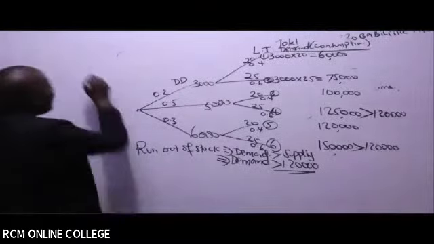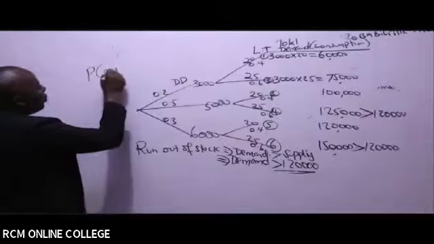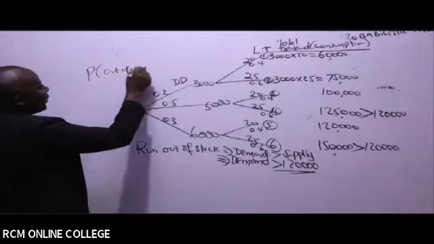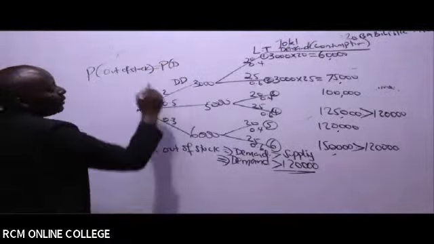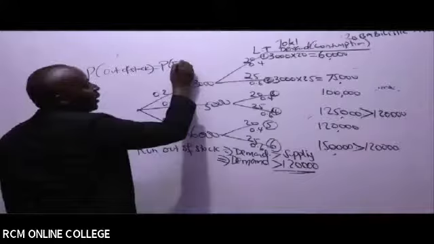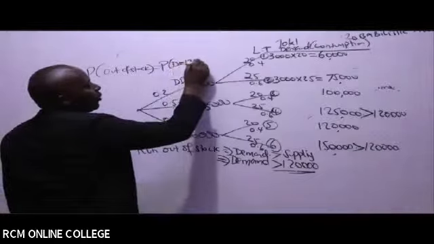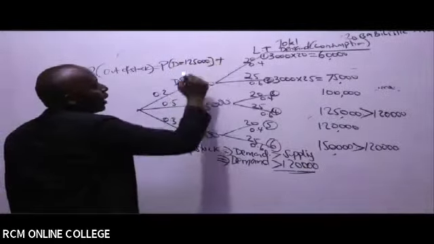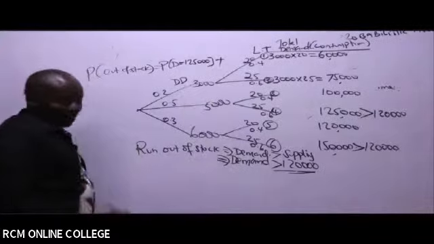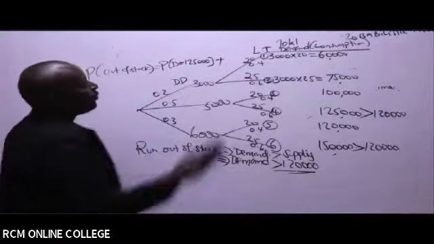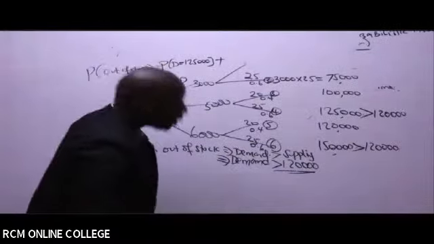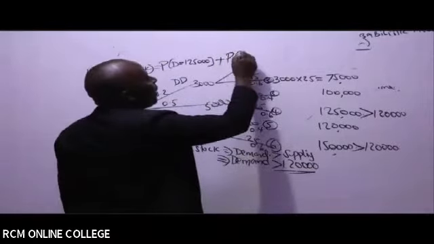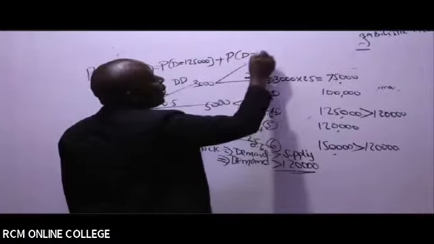So the probability of running out of stock is the probability that demand will be equal to 125,000, or, which means we add, the probability of demand being equal to 150,000.